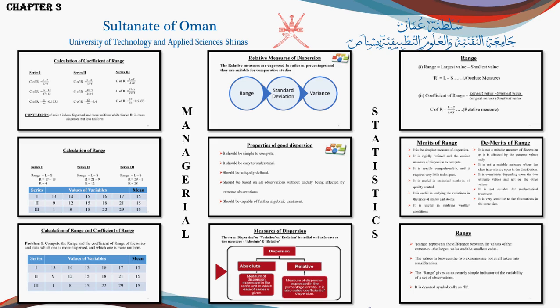Now, in this part, I am going to explain the properties of good dispersion. Not only that, measures, range and its merits and demerits, and also how to calculate range and its coefficient of range. So let us see one by one.